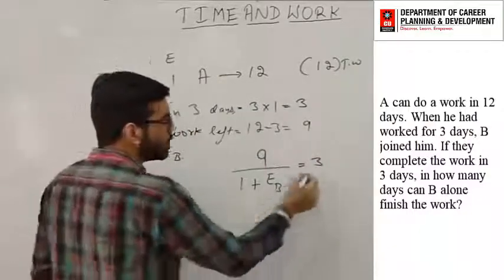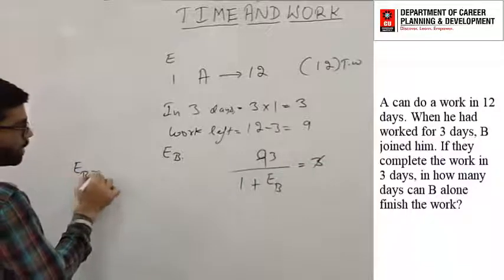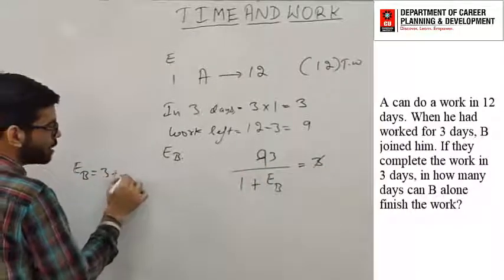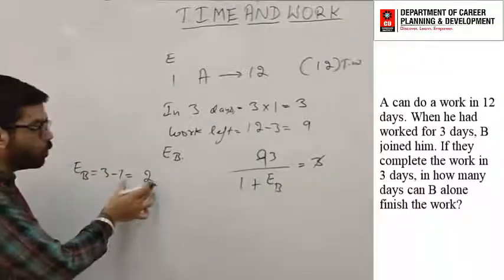Solving this, EB comes out to be 3 minus 1, which is 2.